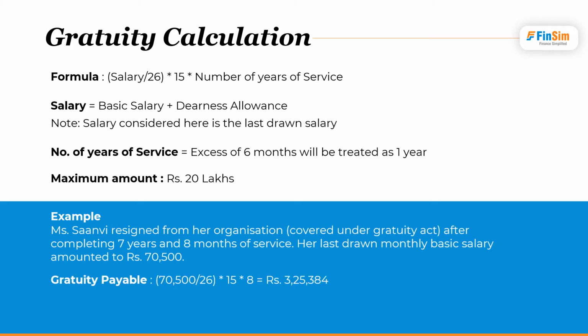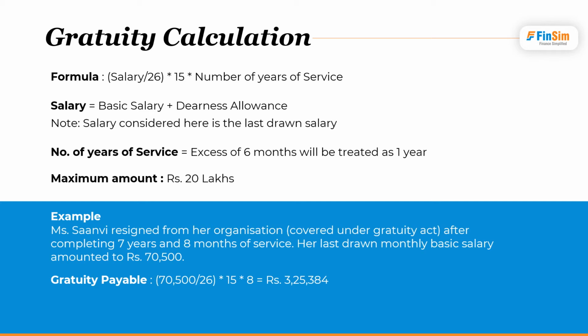For calculating gratuity, we will consider the basic salary of 70,500 divided by 26, multiplied by 15, and finally multiply the resulting value with the number of years of service, which in this case is 8. Total gratuity which is payable would be 3,25,384 rupees.